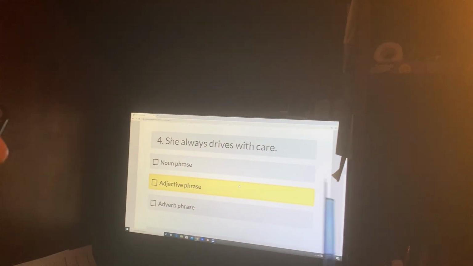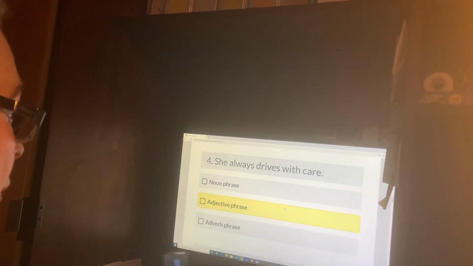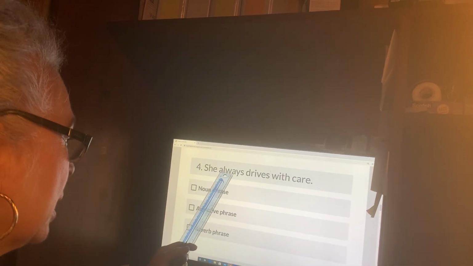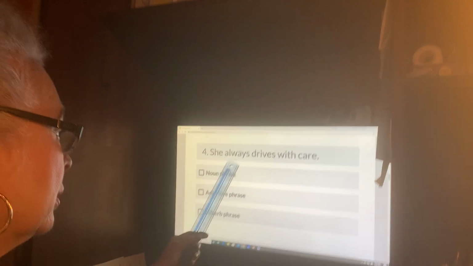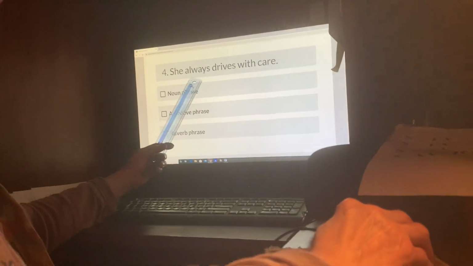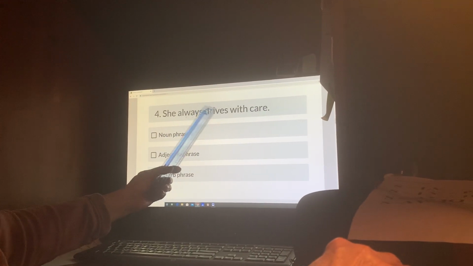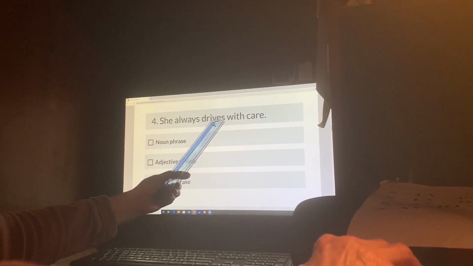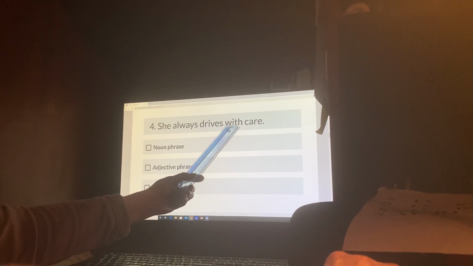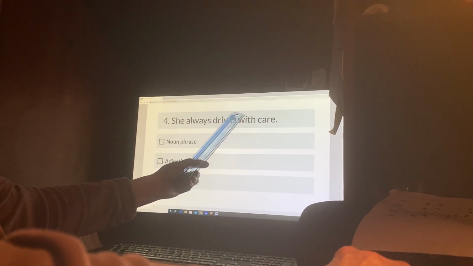I'm going to use this little ruler. Maybe you can see it better. Right away you're going to put an X on always because it's always an adverb. Don't use it again. She drives, action verb. She drives with care. With, within, without. That's a prep phrase.